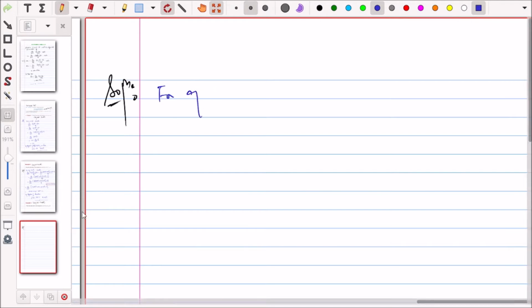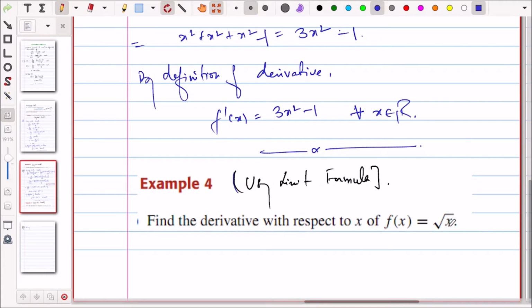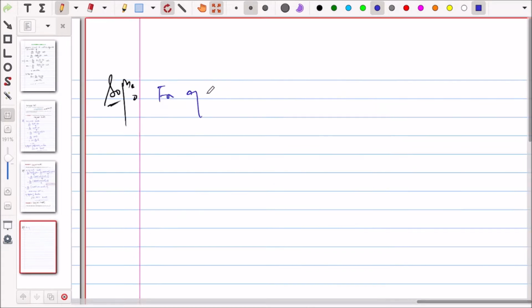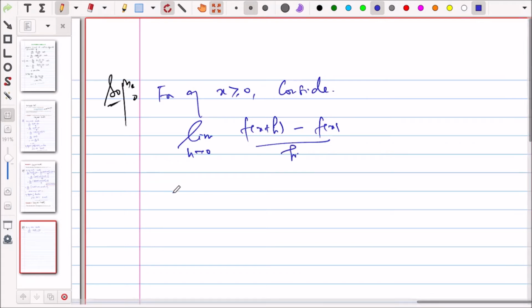So we will start with for any... Now see, where is the domain of f? The domain is greater than or equal to 0. So for any x greater than or equal to 0, consider limit h tends to 0 f(x plus h) minus f(x) by h. So this will be limit h tends to 0 root(x plus h) minus root x by h.